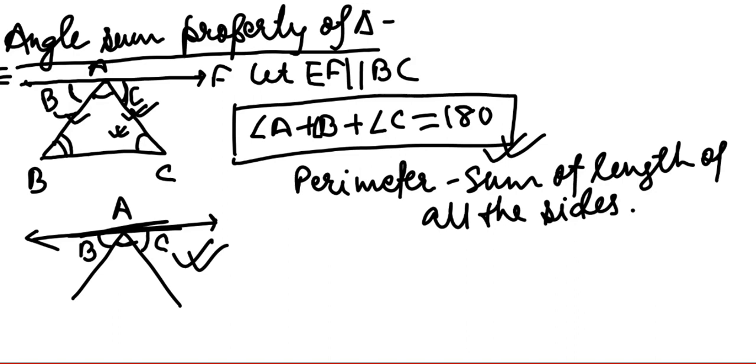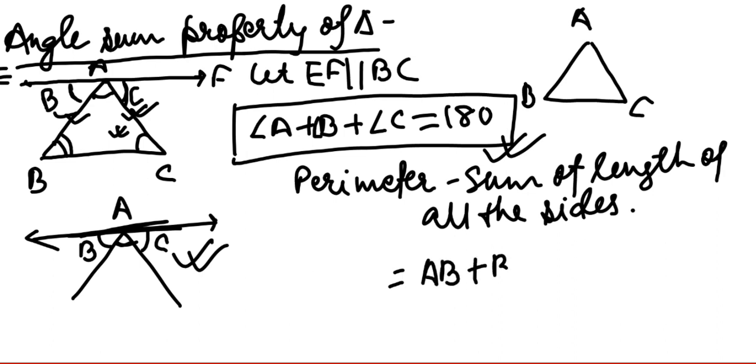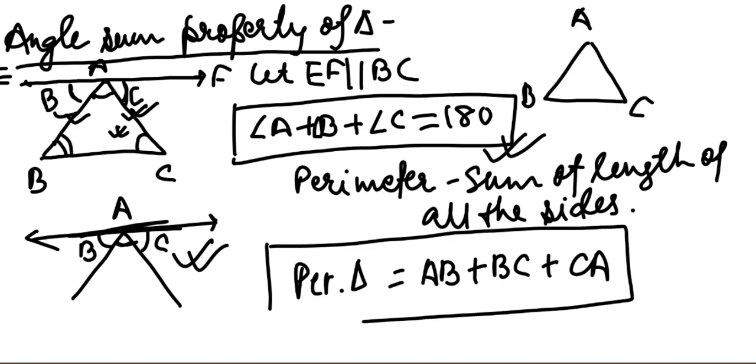If we talk about the perimeter of a rectangle, it will be the sum of the length of all the sides of the rectangle. Similarly for a square. So here in triangle ABC, the perimeter of ABC will be equal to AB plus BC plus CA.